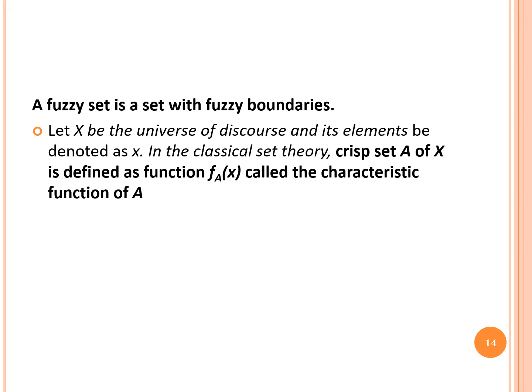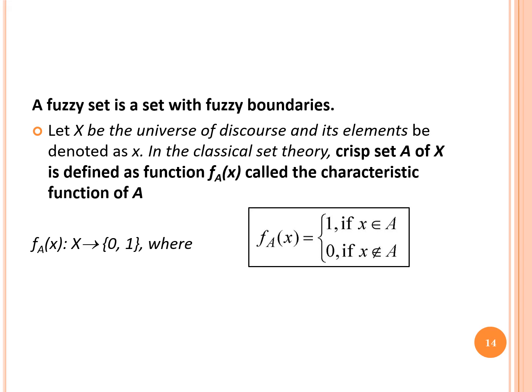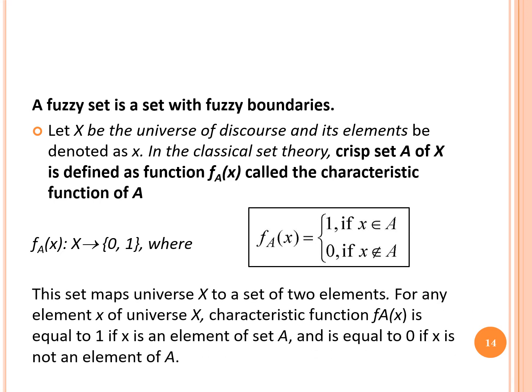So in the classical set theory, a crisp set A of X is defined by the function f_A(x), or the characteristic function of A. It maps the universe X to a set of two elements, 0 and 1.